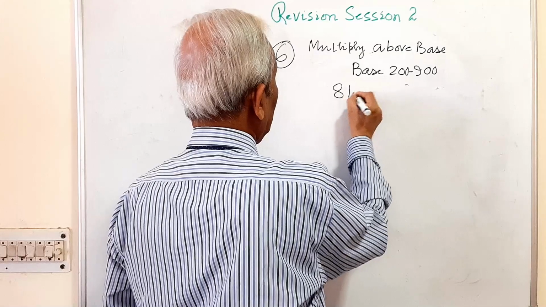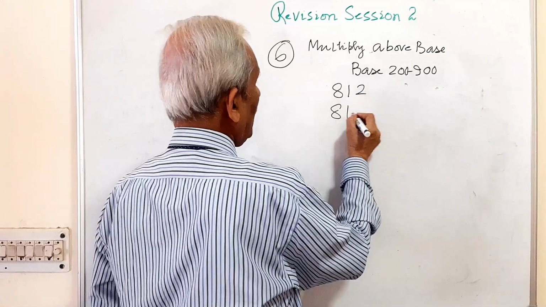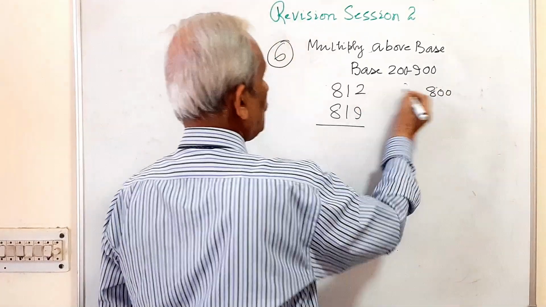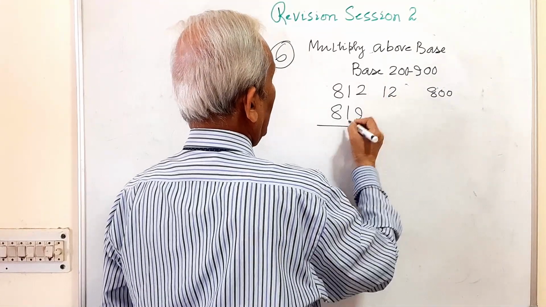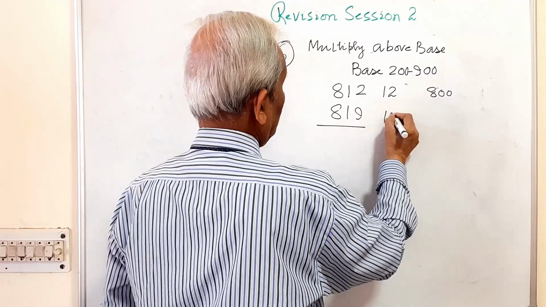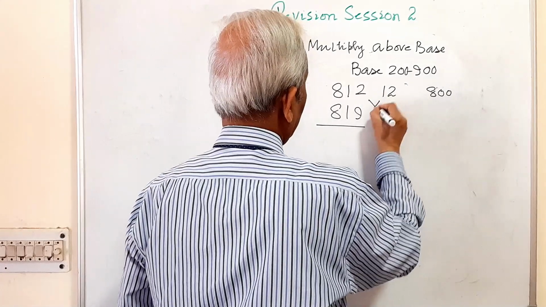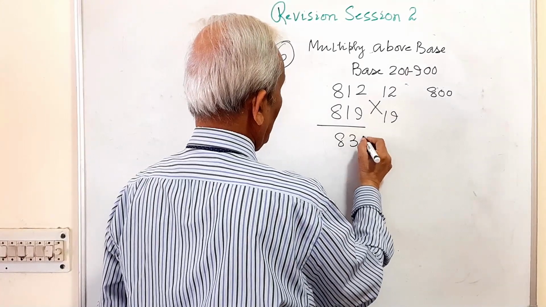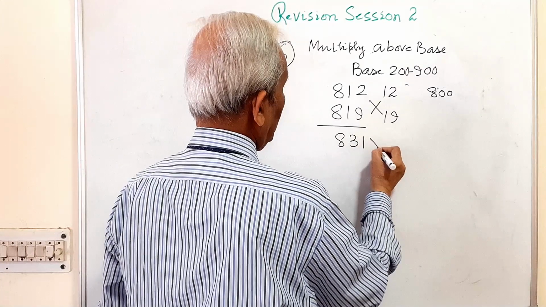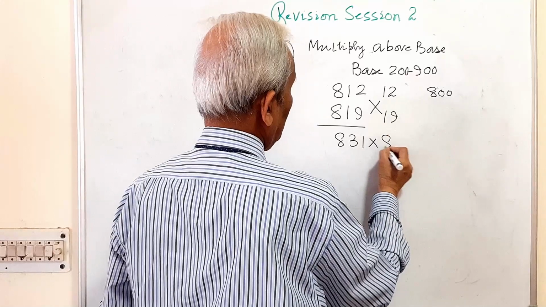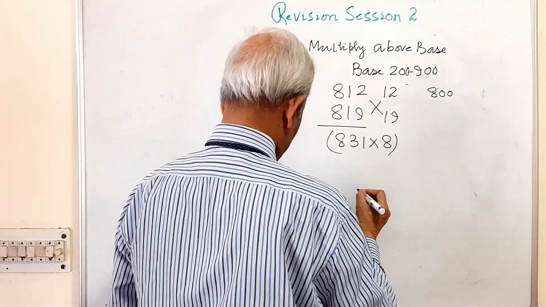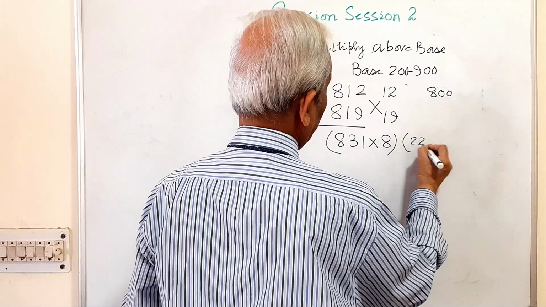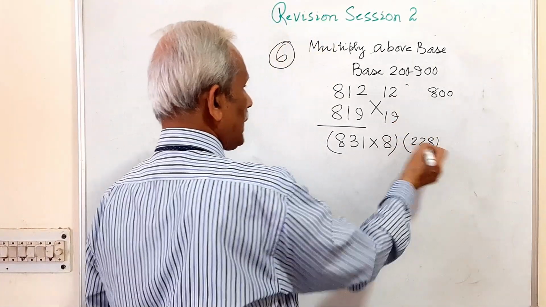812 into 819. What is the base? Base is 800. 812 minus 800 is 12. 819 minus 800 is 19. Right? Cross addition. 812 plus 19 is 831. 831 into 8, multiply by 8. And this 12 into 19 is 228, the second part of the answer.